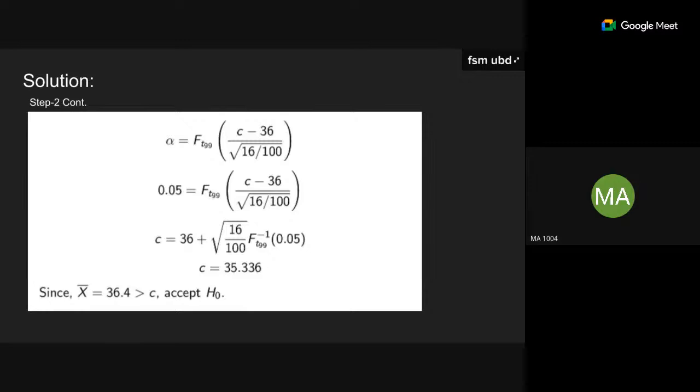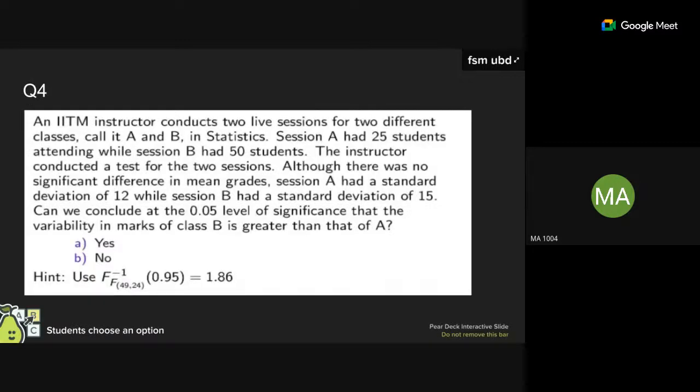Okay. So in the last question I have the F distribution. This is the last test we do, and this test is for comparing two variances. An IITM instructor conducts 2 live sessions for 2 different classes, A and B, in statistics. Session A had 25 students attending while session B had 50 students.